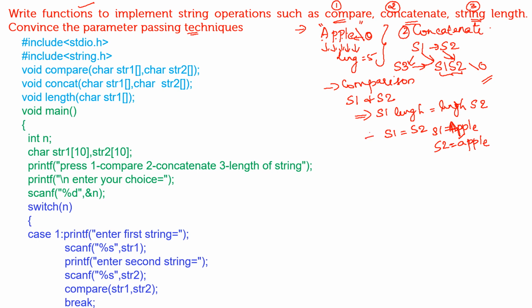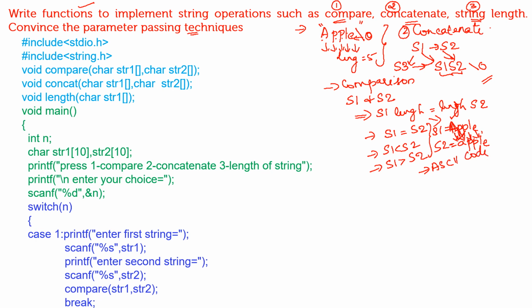So there are three conditions for comparison: one is s1 equal to s2, second is s1 less than s2, and third is whether s1 is greater than s2. How will you get these values? For all three conditions, it will check character by character whether the letters are equal or not. See here, the first letters are not equal: first is capital A and second is small a. In your memory, letters are stored by means of their ASCII code.